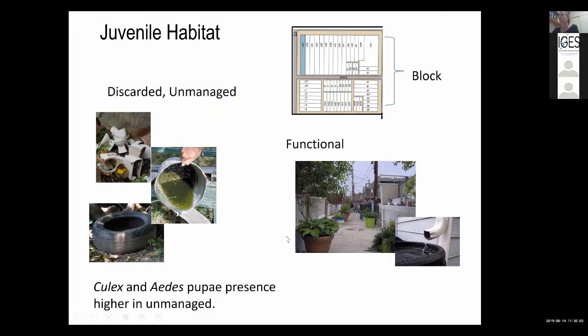We found more of those in these discarded and unmanaged habitats than we did in functional. And we also found more of these discarded and unmanaged habitats in the areas that had greater numbers of abandoned buildings. So, this isn't groundbreaking. It makes sense, but nobody had documented it at this scale before and connected it with its role in mosquito production, both as a source for the other neighborhoods and other parcels, and as an opportunity for persistence from year to year.